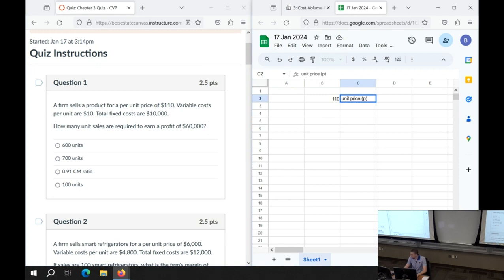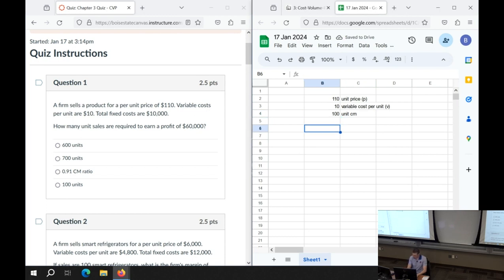This is P in the equations we just talked about. Variable costs are $10 per unit. So that's variable cost per unit, or V, in the equation we just talked about, which means that the net of those, the $100, is our unit contribution margin.